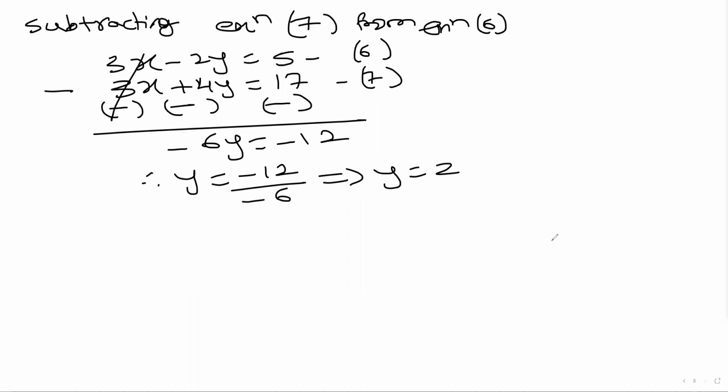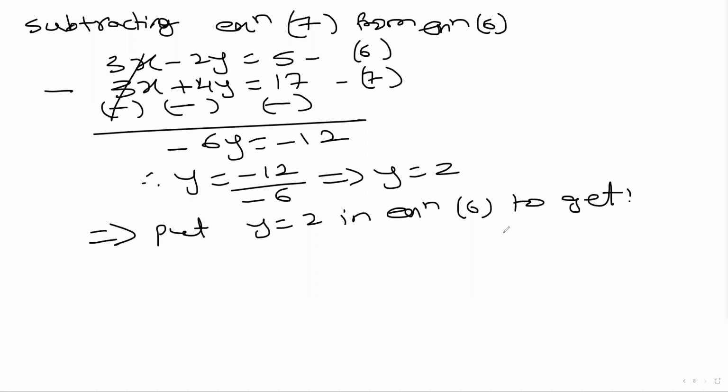Yes, sir. Right? All right then. How to find x? Sir, substituting. Yeah, substitute in equation 6. So put y is equal to 2 in equation 6 to get, what do you get? 3 into x minus 2 into 2 is equal to 5.